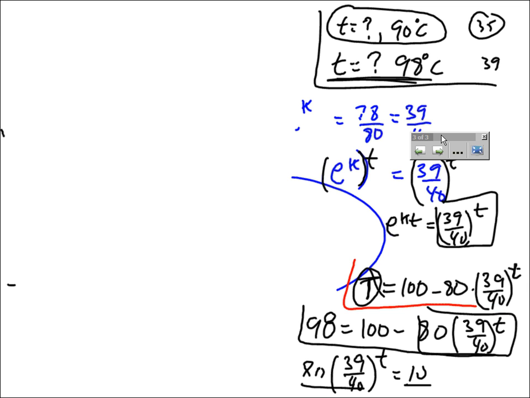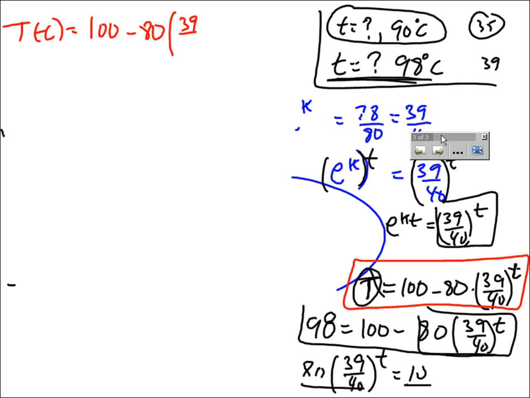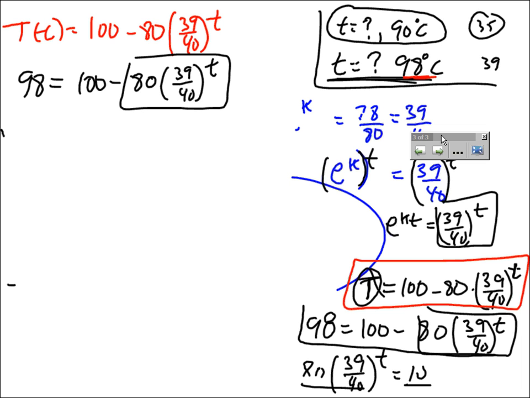This here is our equation, and it just has t's in it, not even constants anymore. It's 100 minus 80 times 39 over 40 to the t. I want to know when capital T is 98 degrees. So 98 is 100 minus this mess. Well, how much is that mess? 100, 99, 98. 2. This must be 2.